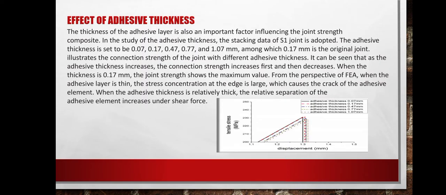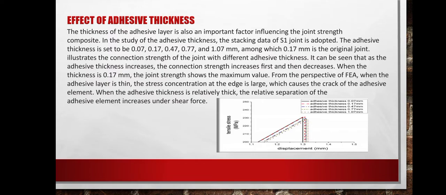Effect of adhesive thickness. The diagram represents the adhesive thickness. The thickness of adhesive layer is also an important factor influencing the joint strength of composite. For the study of adhesive thickness, the stacking data of S1 joint is adopted. The adhesive thickness is set to be 0.07, 0.17, 0.47, 0.77 and 1.07 mm, among which 0.17 mm is the original joint.